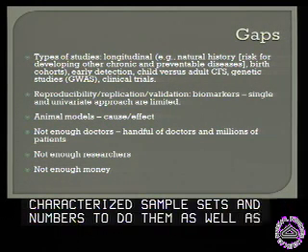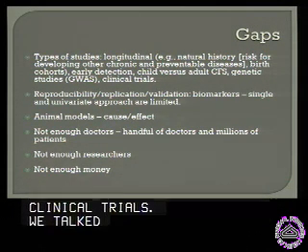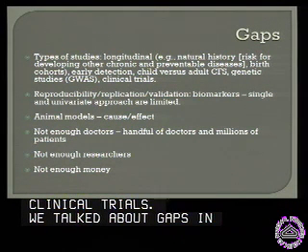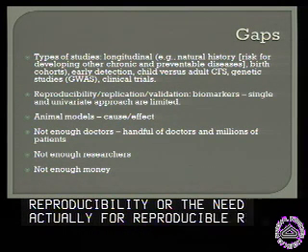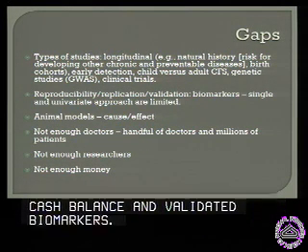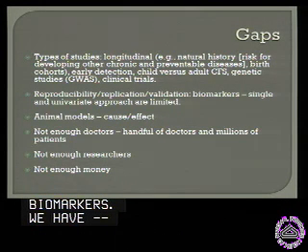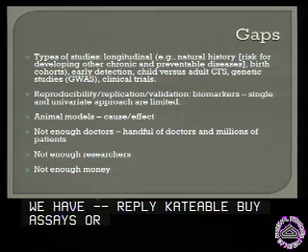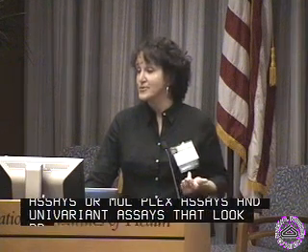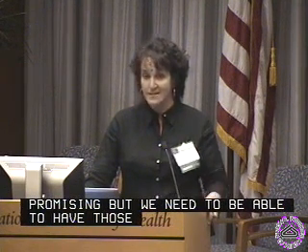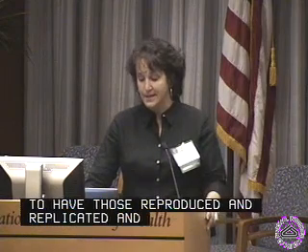We talked a lot about the gaps in reproducibility, or the need, actually, for reproducible, replicable, and validated biomarkers. We have lots of promising biomarkers that come across in singleplex assays or multiplex assays and univariate analyses that look promising, but we need to be able to have those reproduced and replicated and ultimately validated so they can get from the bench to the bedside.